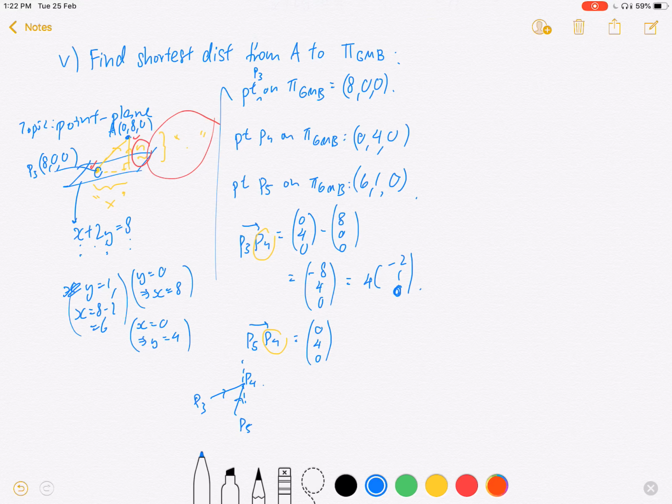So it's OP4 minus OP5. Again, I can simplify, and oh dear, I think I'm going to see something. Why are they parallel? Why are they parallel?